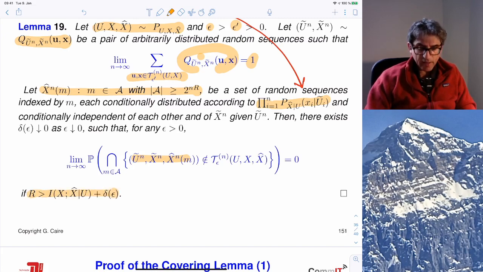So if R is larger than the mutual information of X and X hat given U.